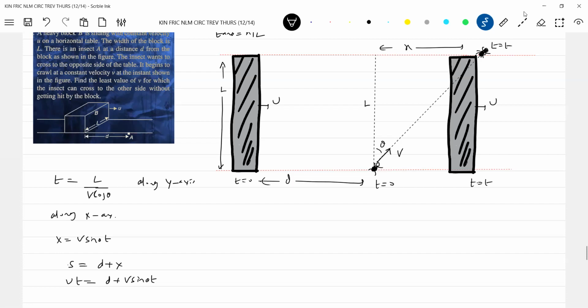We have to eliminate t. So u is equal to D by t plus v sin theta, with t as L by v cos theta. So v is equal to uL by D cos theta plus L sin theta.